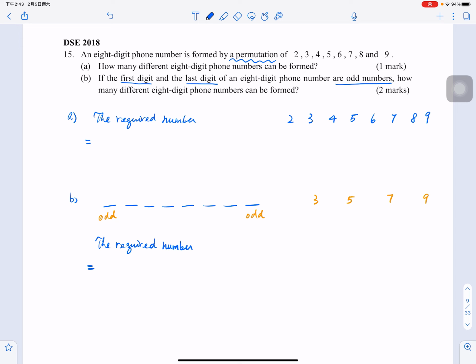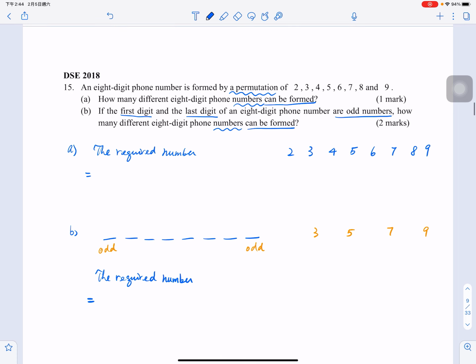Part A: how many different 8-digit phone numbers can be formed? Part B: if the first digit and the last digit of the 8-digit phone number are odd numbers, how many different 8-digit phone numbers can be formed?